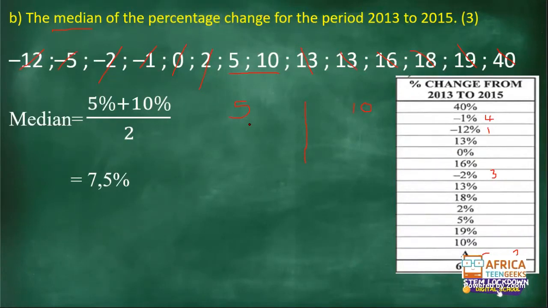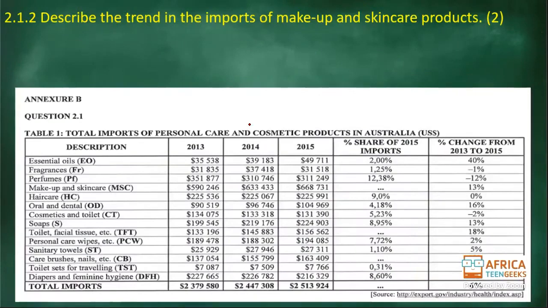It's some other time. And then 2.1.2: Describe the trend in the imports of makeup and skincare. What is the trend that you are noticing here? Anything really, just look at the table, notice what trend is there. Let's look at the percentage changes.